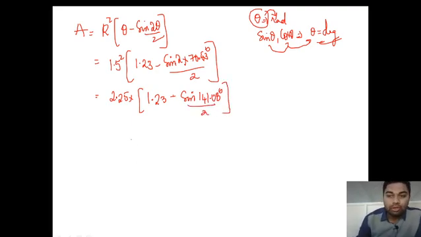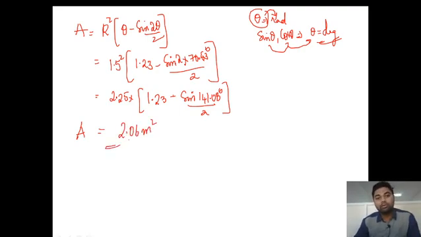On calculating this, the area of flow will be 2.06 meter square. Let it be equation 2.